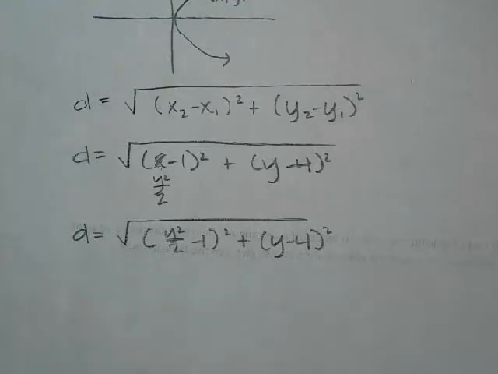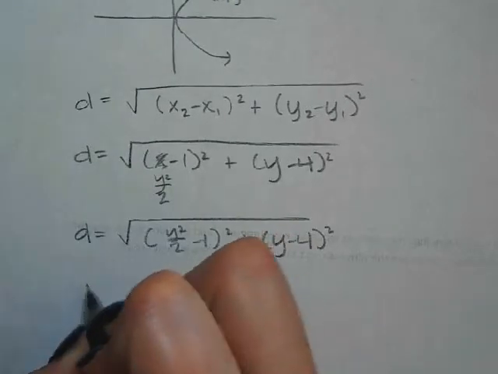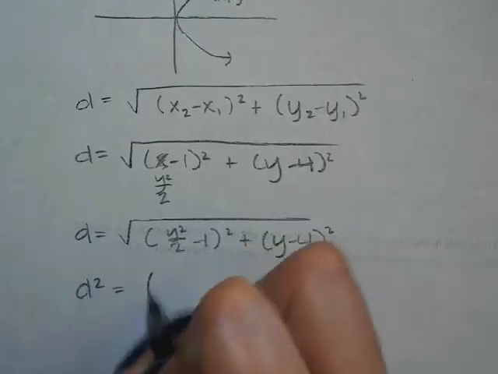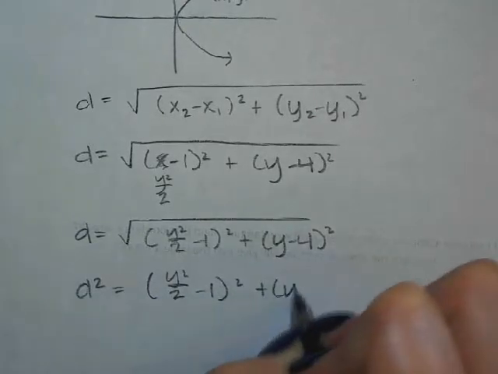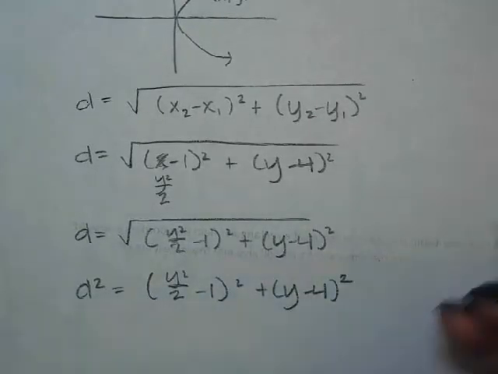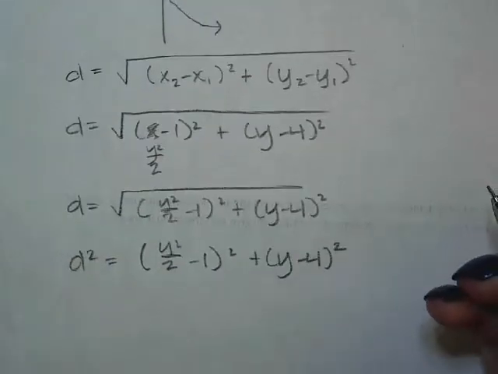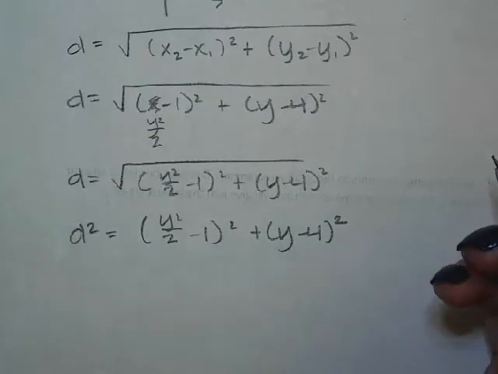It's going to work the same, but it's going to be easier to take the derivative of. Okay? So if I square both sides, I get d squared equals (y squared over 2 minus 1) squared plus (y minus 4) squared. And then now I can go ahead and take the derivative, and that's a much easier problem to deal with. So I'm going to take the derivative of the distance squared instead of the distance, but I can still use it to minimize.